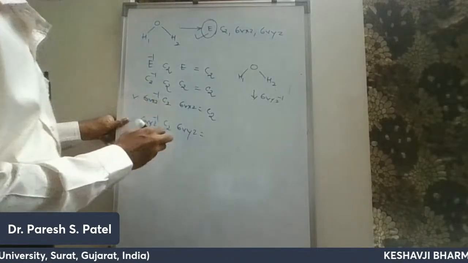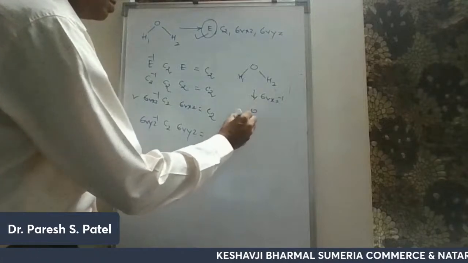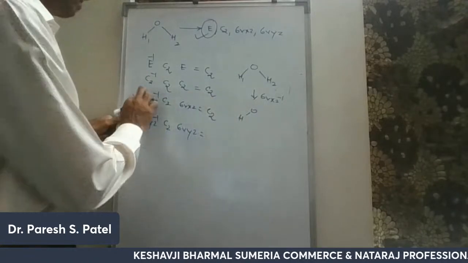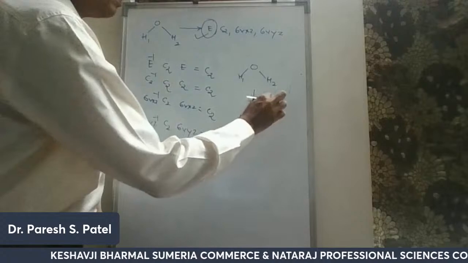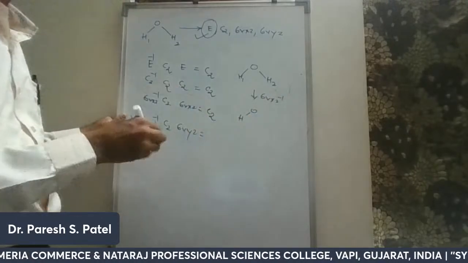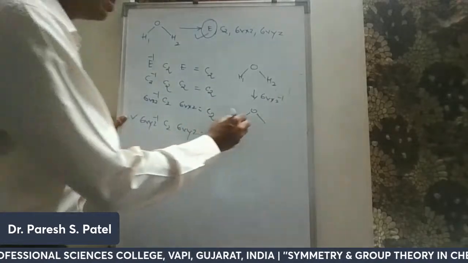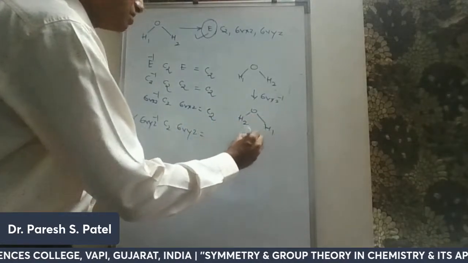Sorry, fourth one, sigma V YZ inverse. By operating sigma V YZ inverse, the position of this hydrogen changes. Similarly, in case of sigma V YZ inverse, the position of this hydrogen changes.